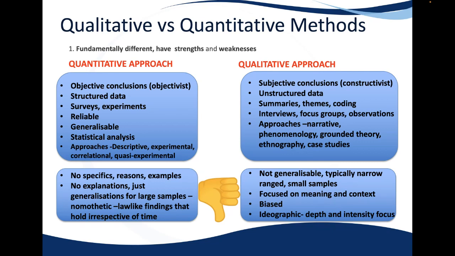Of course, some of the designs that you would find in quantitative approaches involve experimental, quasi-experimental, and non-experimental approaches to research, whereas in qualitative research you will have different traditions such as phenomenology, grounded theory, ethnography, and case studies.